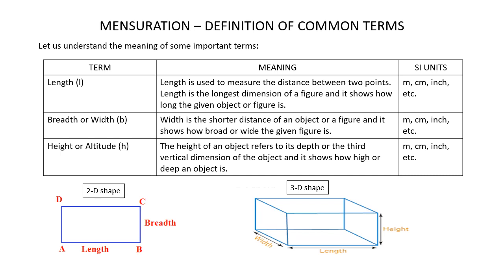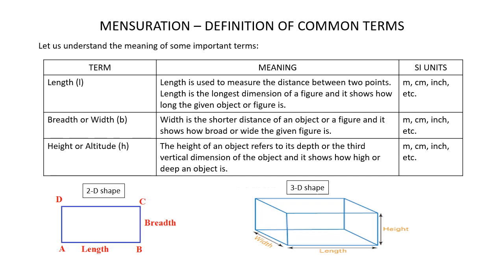Now let's understand these terms better in 2D shapes and 3D shapes. Now as you know, 2D shapes have only two dimensions, length and breadth, whereas 3D shapes have three dimensions, length, breadth and height. Now look at this rectangle which is a 2D shape.